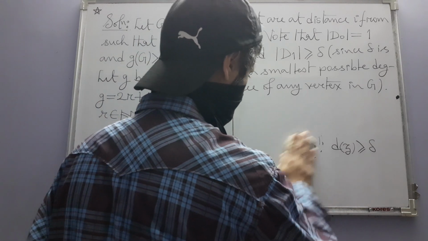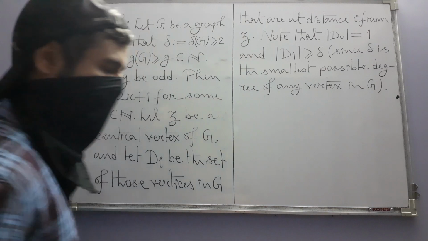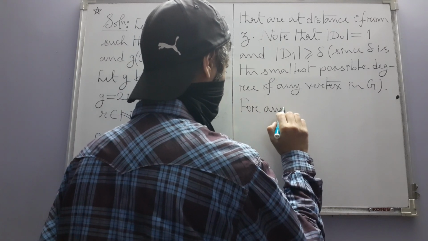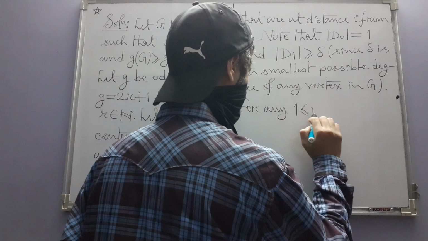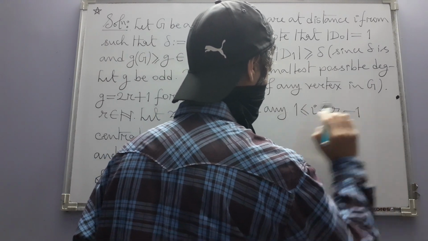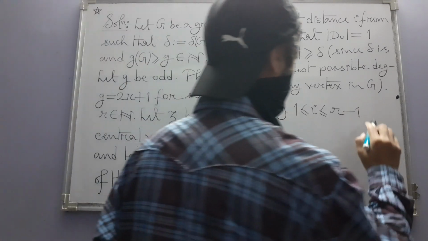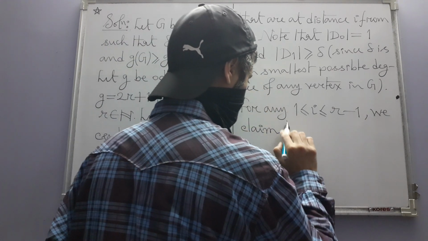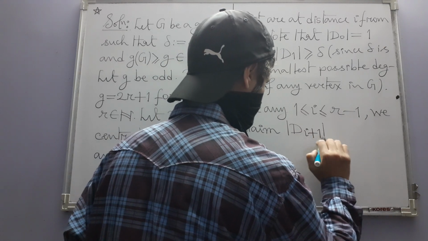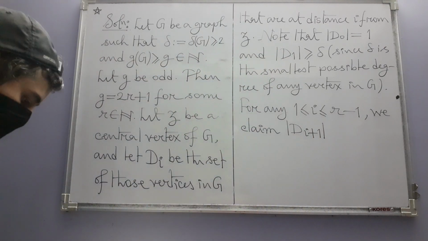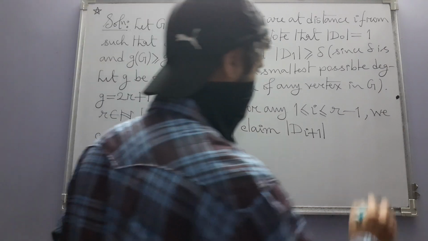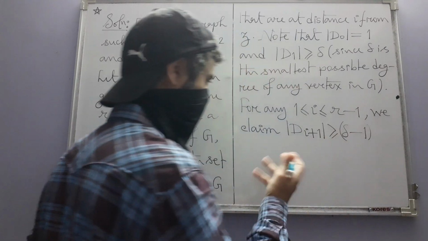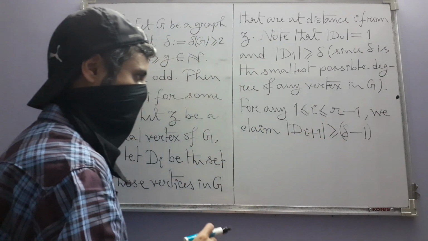Now we are going to claim something. For any I between 1 and r minus 1, we claim that the size of the I plus 1th set, D(i+1), is greater than or equal to... For some reason I can't remember that the inequality should be like this.